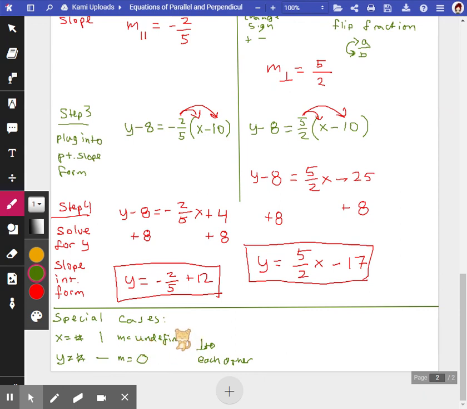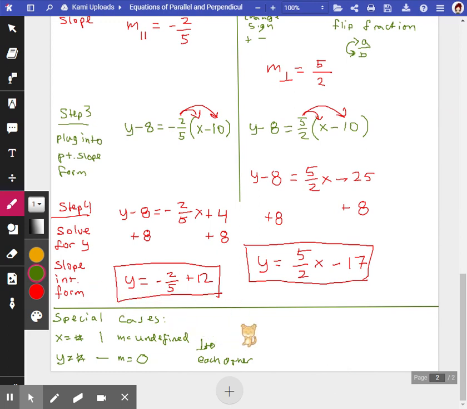You can't take the opposite reciprocal of the word undefined. And if you tried to take the opposite reciprocal of 0 over a number, you would get a number over 0, which, you know, the world ends. You get undefined. So these guys are just perpendicular to each other.